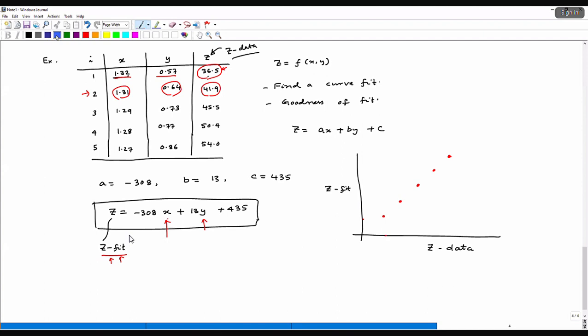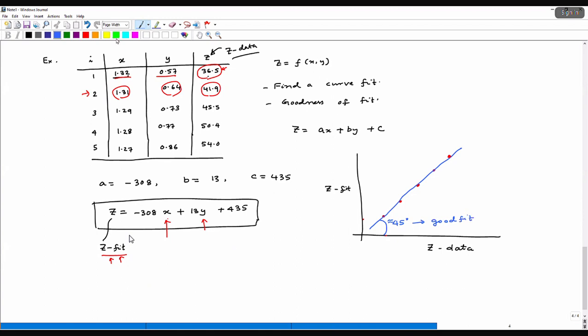Now, when I join these data points, if this angle is 45 degrees or close to 45 degrees, then I can say that my fit is good.